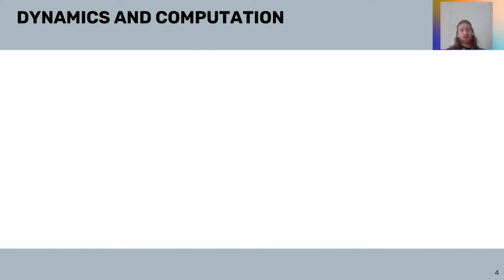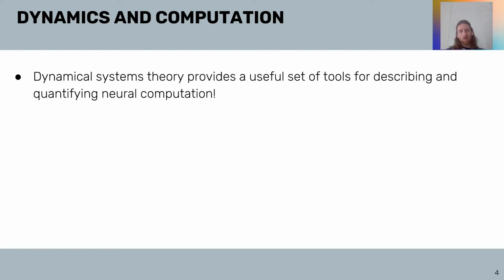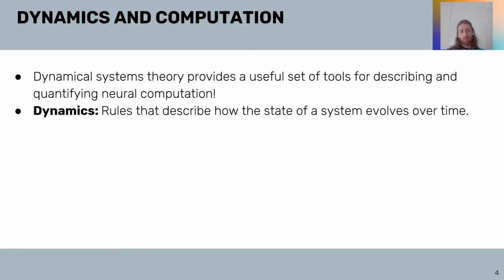To do this, we're going to need to understand a little bit about a thing called dynamics. Dynamical systems theory has recently been utilized to great effect to provide a set of tools for describing and quantifying neural computation. Dynamics, in a simple one-sentence definition, are the rules that describe how the state of a system evolves over time.